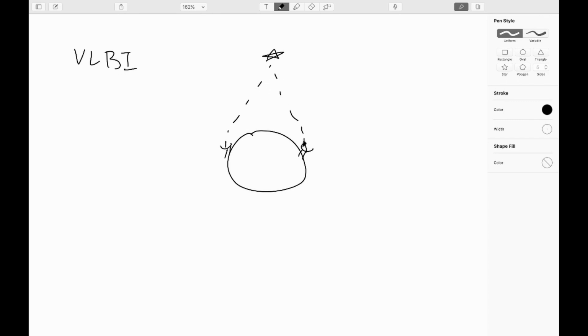And by very careful comparison of the two signals, they can reconstruct an image whose resolution would be the resolution of a hypothetical radio telescope the width of the Earth. And so by doing that, they can get a lot better resolution.